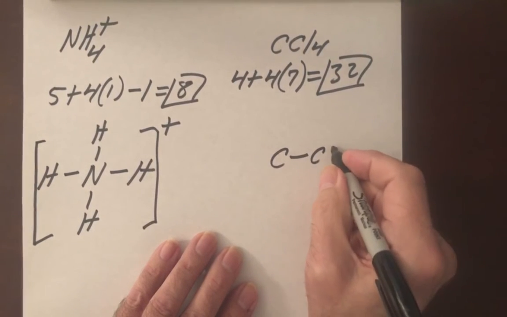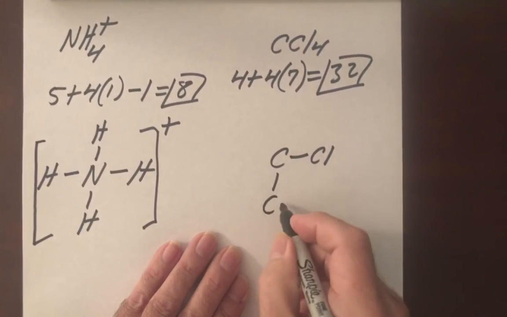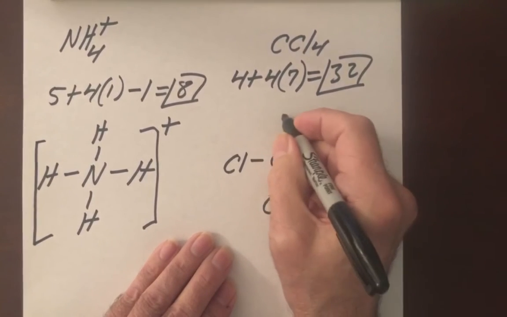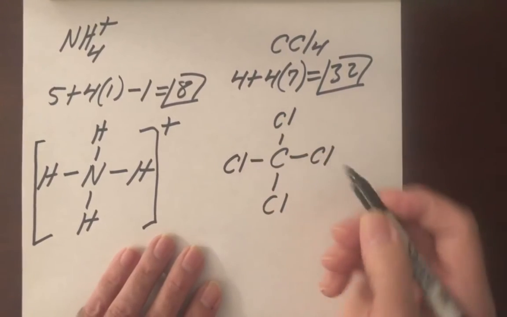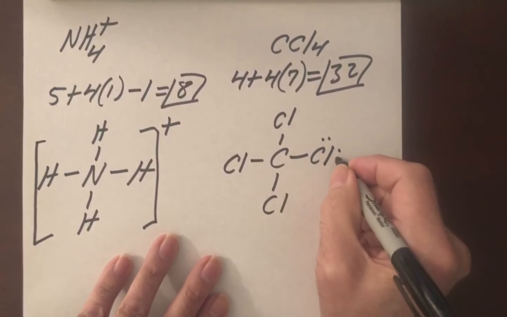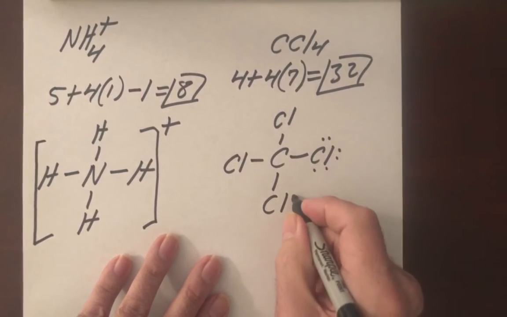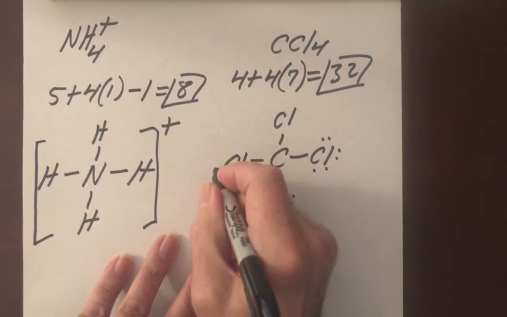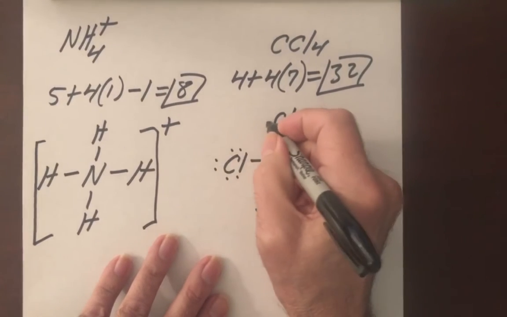So we're going to have all 4 of the chlorines bond to the carbon. And then, to complete the octet for each of the chlorines, we're going to need to have 3 lone pairs. All 4 of the chlorines.